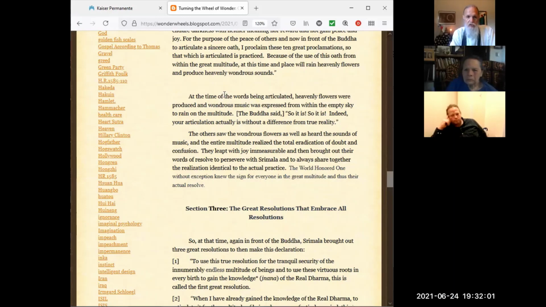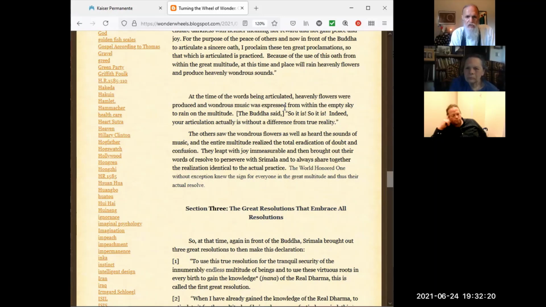But here the flowers and music affirm that her vow was sincere. And the Buddha then says to affirm it also.